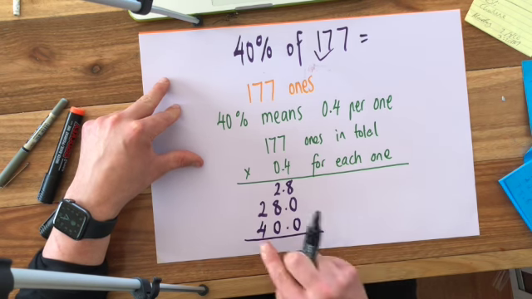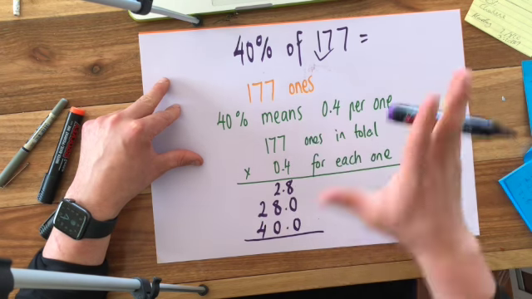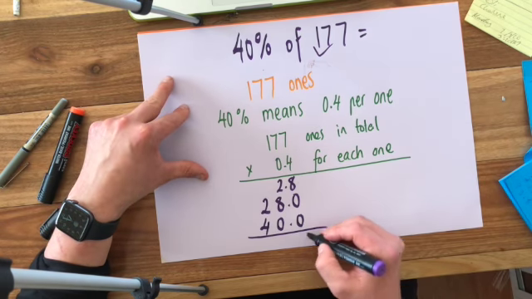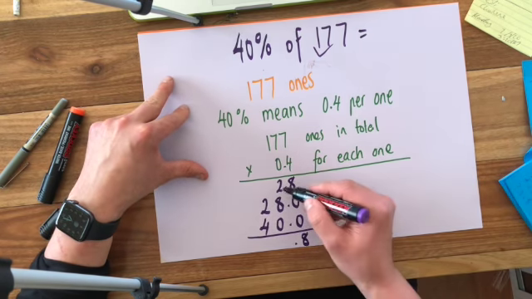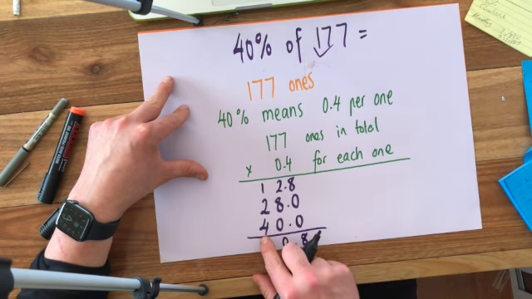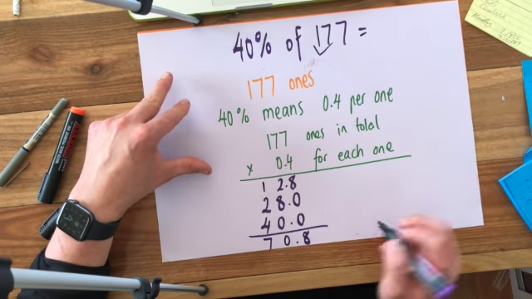Now, this is only one way you can multiply a decimal by a whole number. There are other ways, but I'm not going to get into them just yet. So 8 tenths, add the other zeros, 8 tenths. 2 ones plus 8 is 0 ones and 1 ten. 4 tens plus 2 tens plus 1 ten is 70 and 8 tenths.